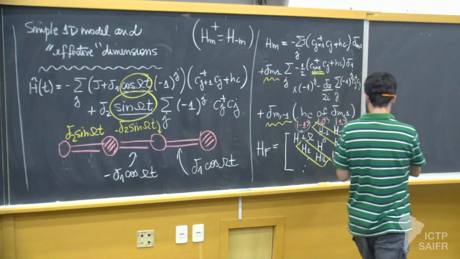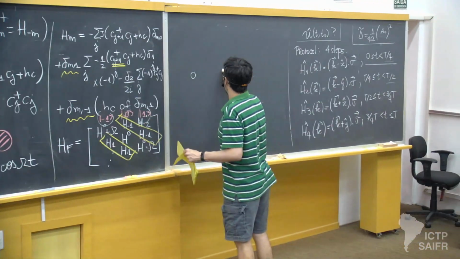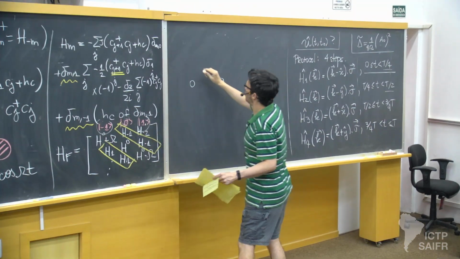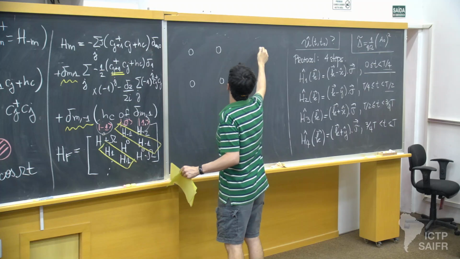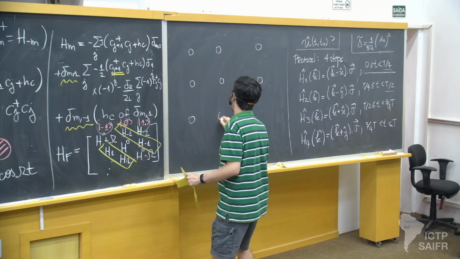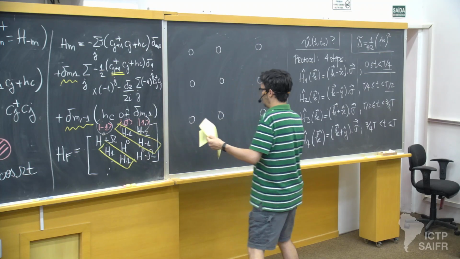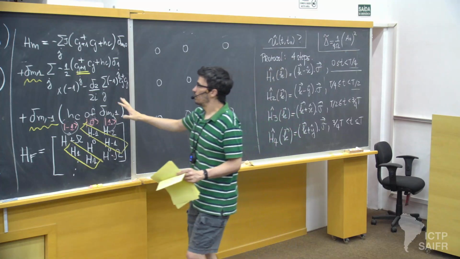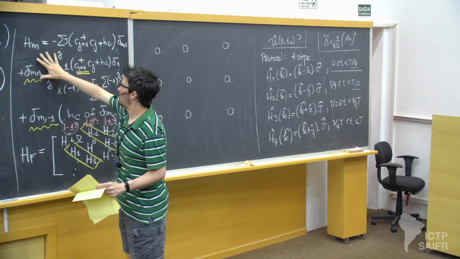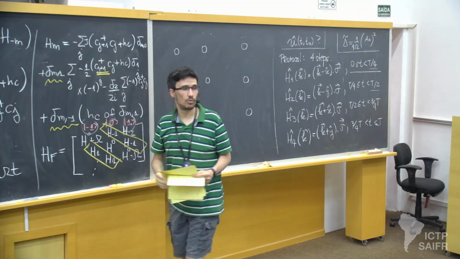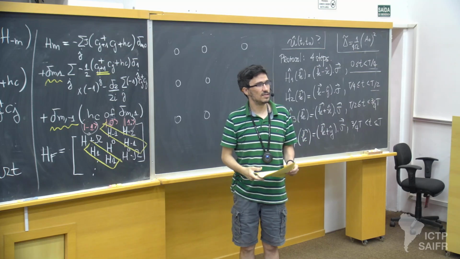So I can draw it here like this. These are the sites, and I will literally replicate the sites. And now you can think of this H_M and the Cs as a two-dimensional model. And that's why I told you that it's a solid state problem.